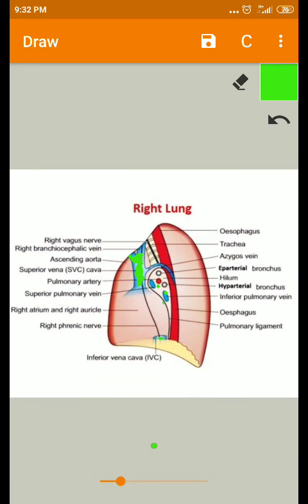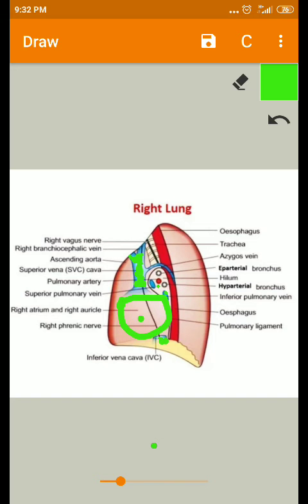This is the part of the right lung. I have told that this is the superior vena cava and inferior vena cava. Come on, tell me, normally these two will end up in which part of the heart? They end up in the right atrium.